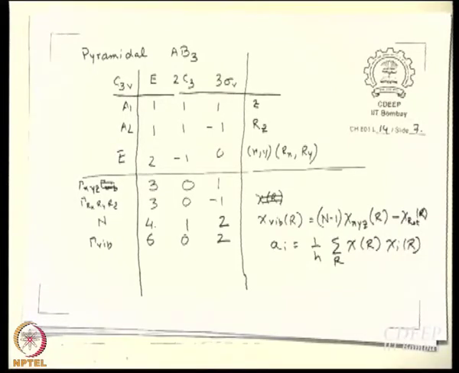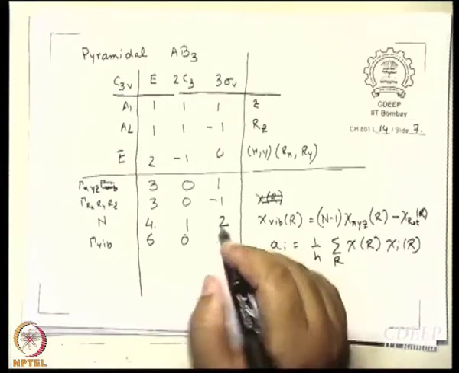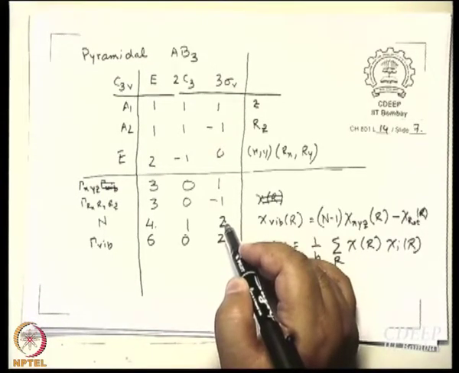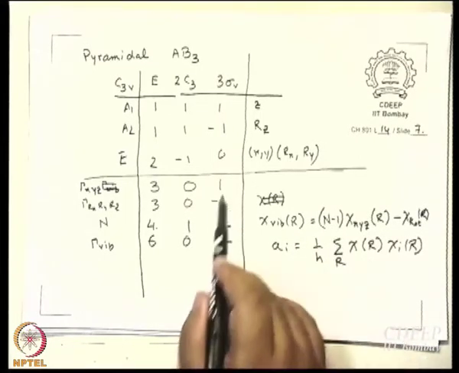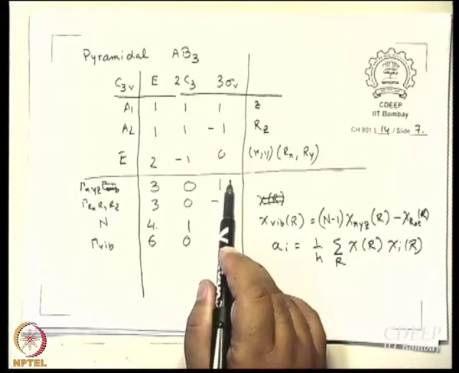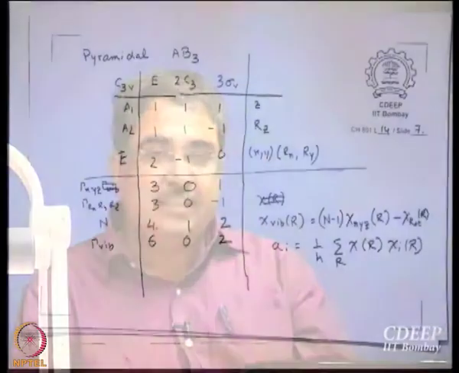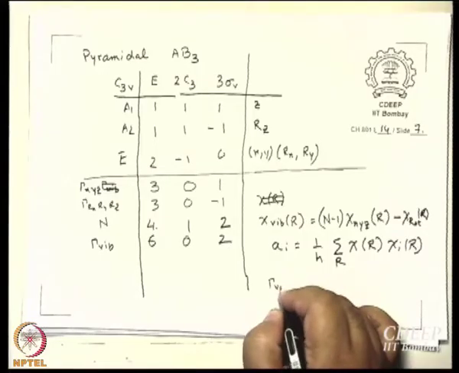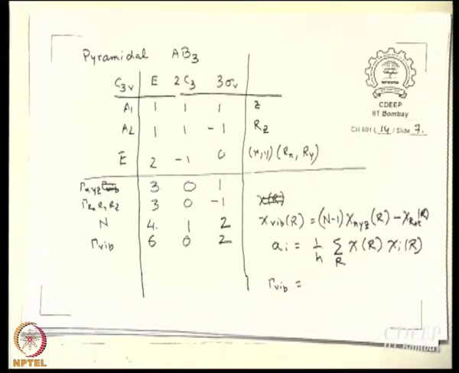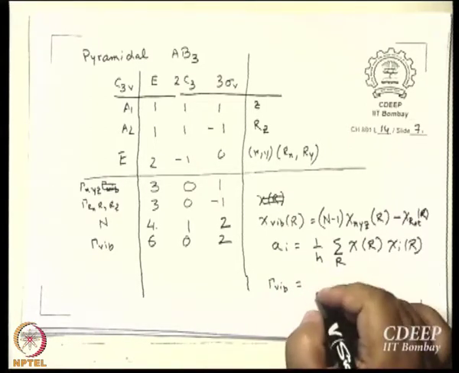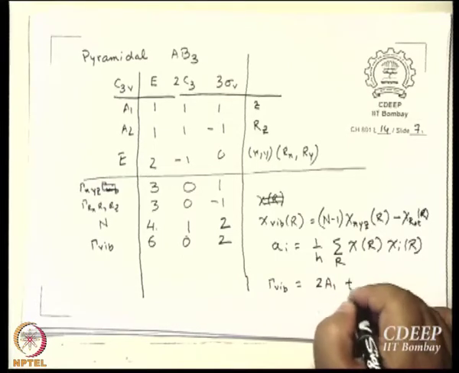What is h? 3. Let us see. First tell me what is h? 6, sure. Is equal to what plus what plus what? 2A1 plus 2E.